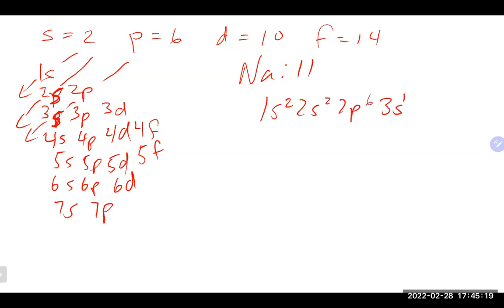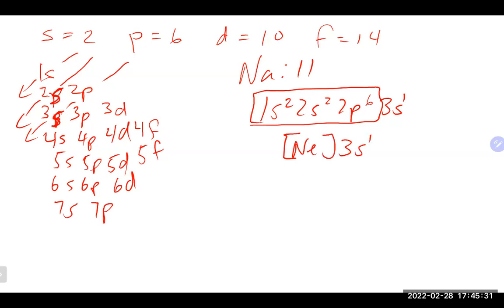If we take this part of the configuration, that is 10 electrons, which is basically neon's configuration. So you can write neon and then continue on with the rest of the electron configuration. You can do that for pretty much any electron configuration. It does have to be a noble gas, group 8. That goes in the parentheses or brackets, and then you just continue on with the electron configuration. Any questions on that?